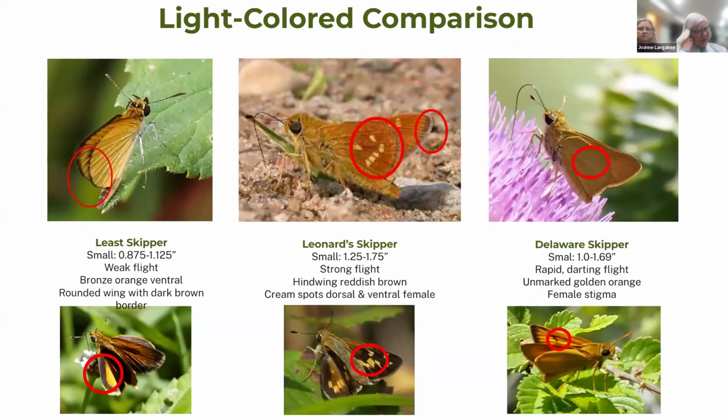So we'll compare the light colored, non-descript skippers first. Least skipper is the smallest skipper that we have, and it's really easy to identify because the wings are curved. It's the only one that really has the distinct curved wings, and then the body is out beyond the wings.